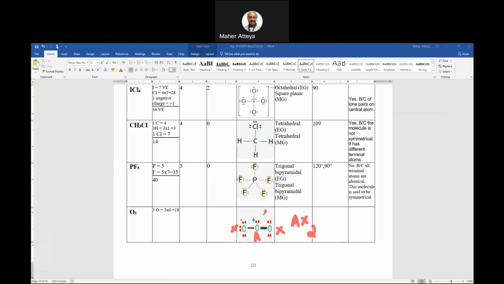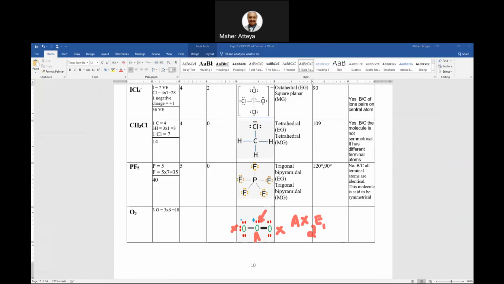However, we have a problem here. We have a lone pair, E. E what? E1. So AX2E1, that will affect, first of all, the polarity.